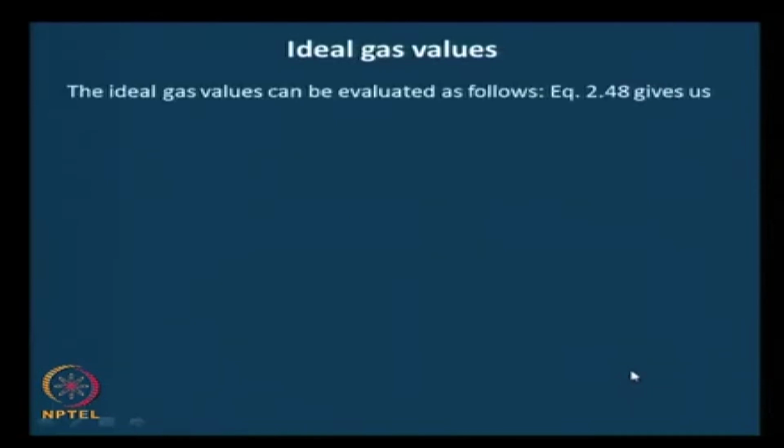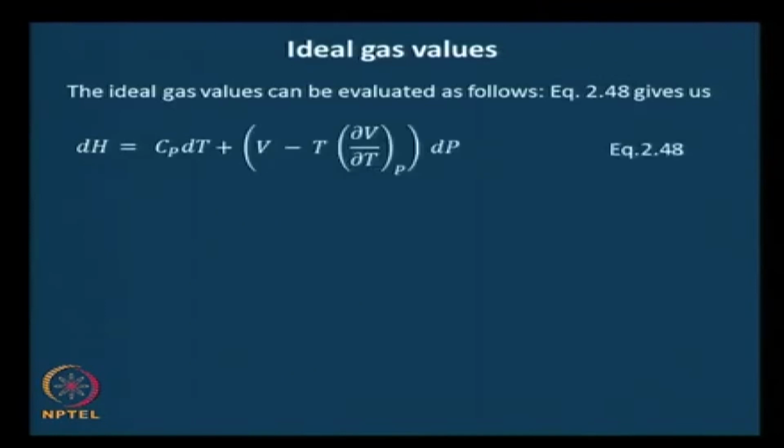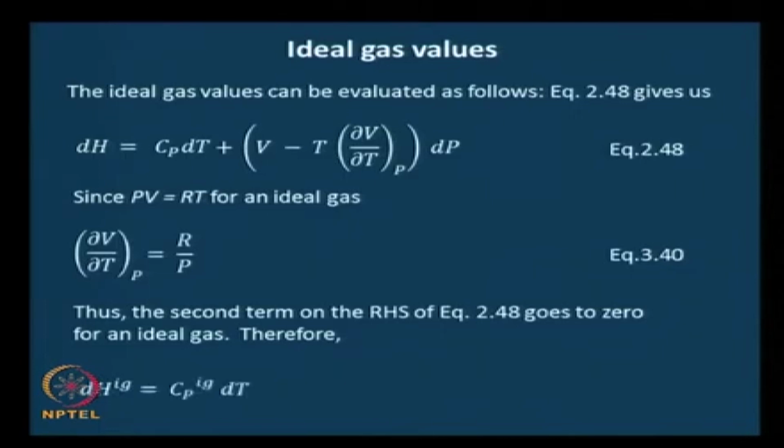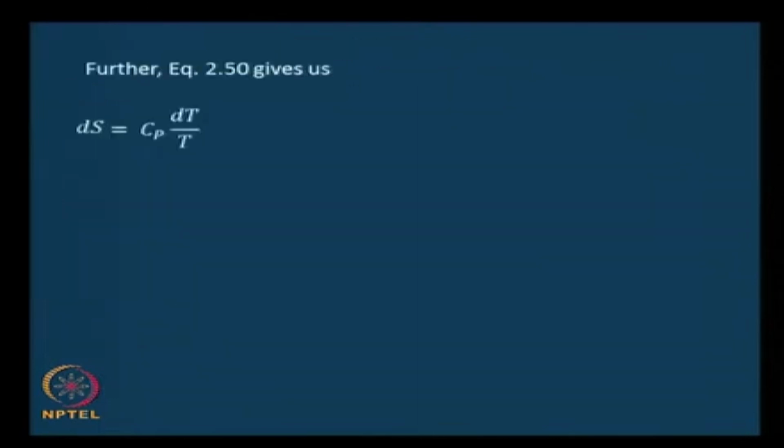Then we came up with ways to get the ideal gas values, because we said the residual value plus the ideal gas value is the actual value. We spent a good amount of time getting the residual value first, and then we looked at how to get the ideal gas values. Without spending too much time here, we had derived all these.